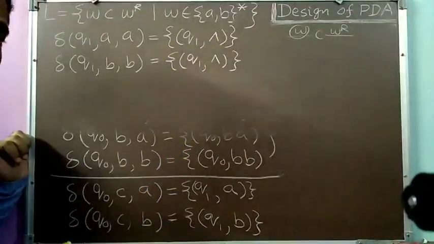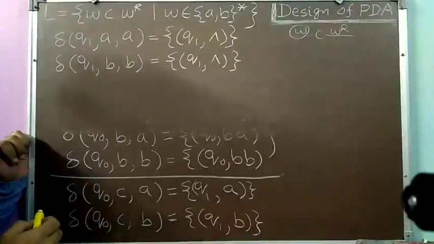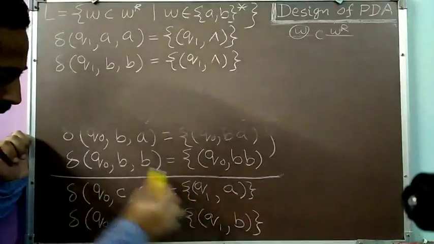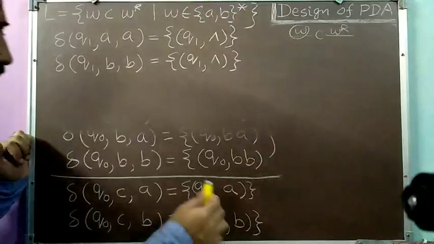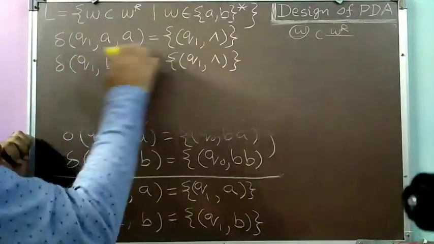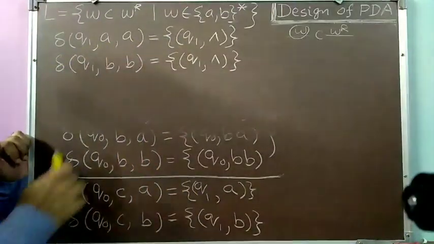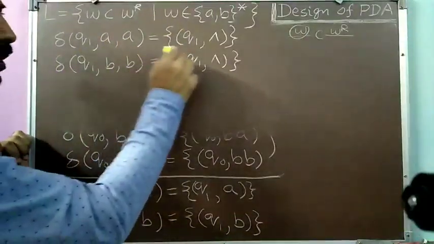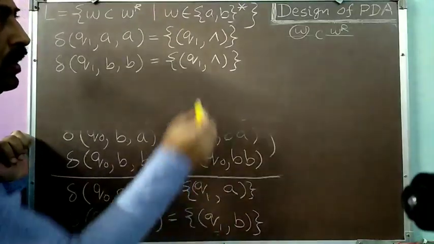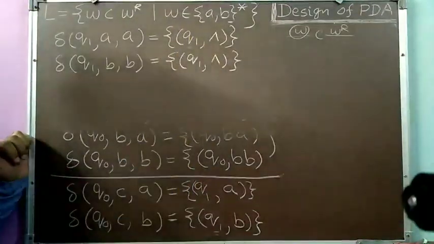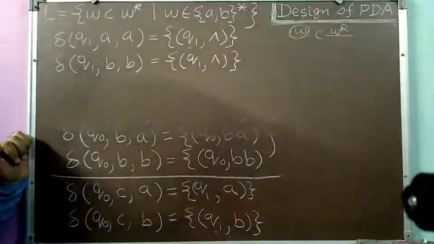So this is important. Now one more thing you can observe here. Here I was consuming the C, and after consuming the C, I am doing the matching. But during this matching, I have not changed the state. Here I am in the state Q1 and here also I am in the state Q1. Why has it been done?